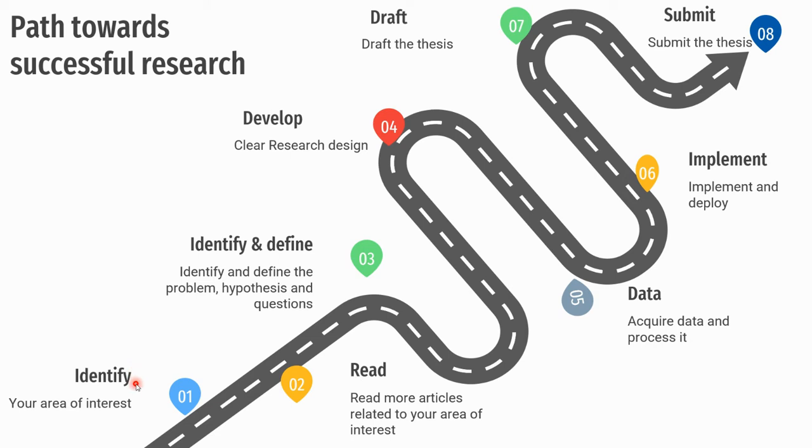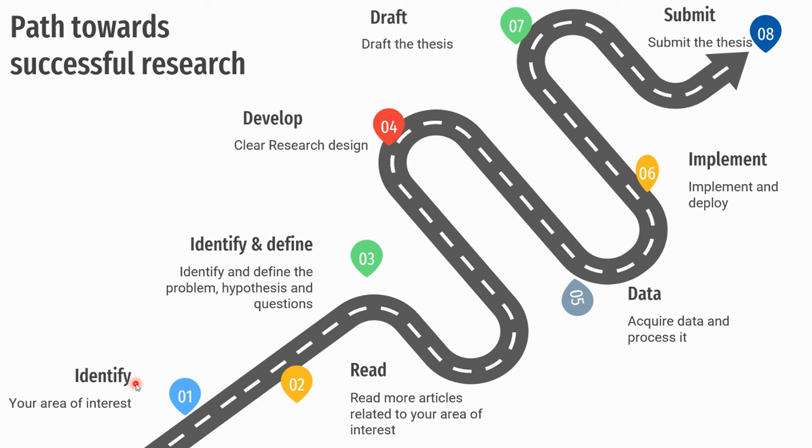The very first step is you have to identify your area of interest. Probably this will be your PG degree which you have done. For example, you might be from a computer science background. Your PG is from computer science, or it might be your PG in any engineering field or in an arts field, or anything.